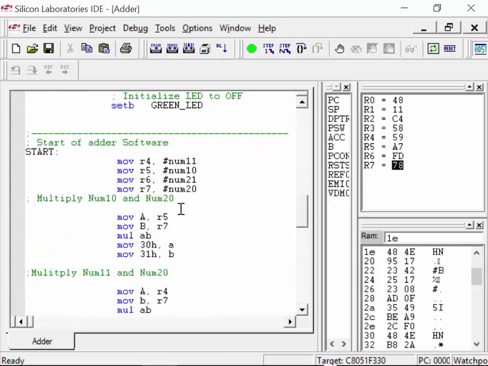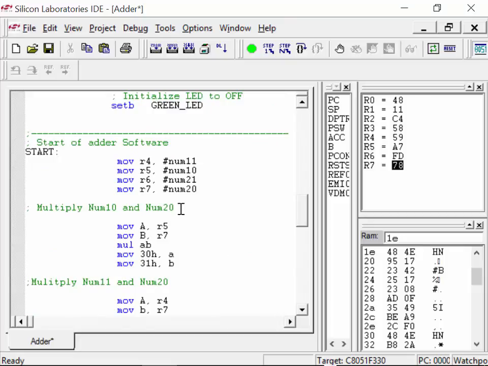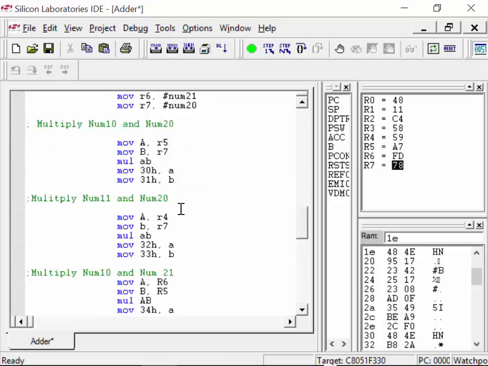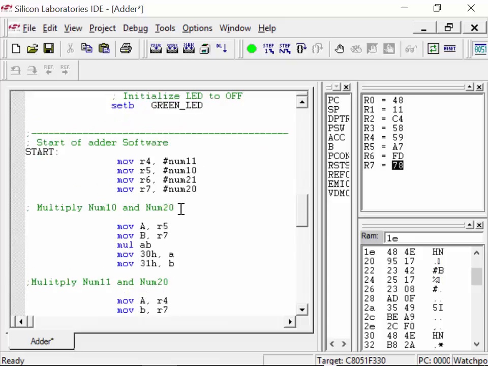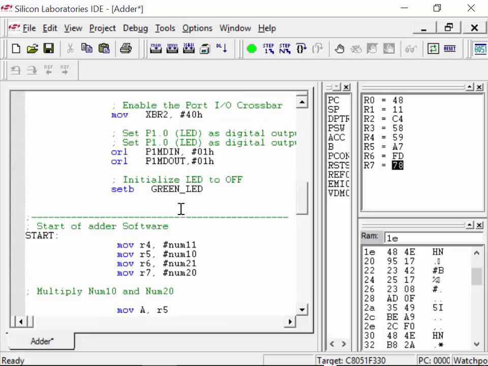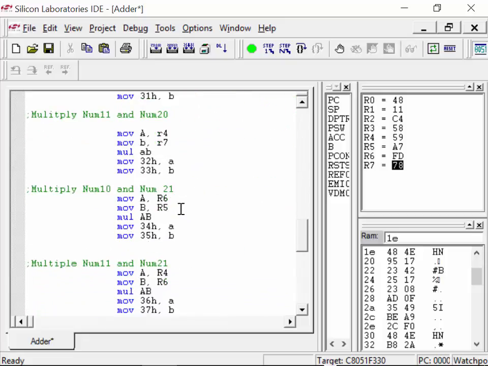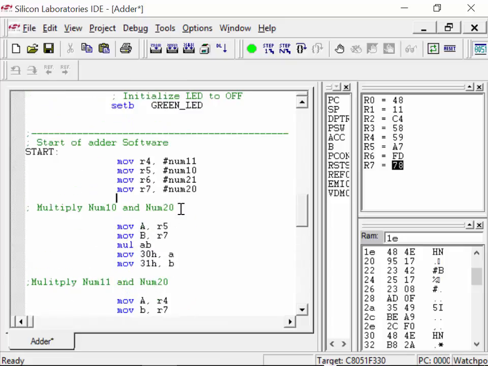This here, all we're doing is we're just defining our numbers. So we're putting them in the registers there, and actually we really don't even need to do that, because this is where we store our numbers to begin with.